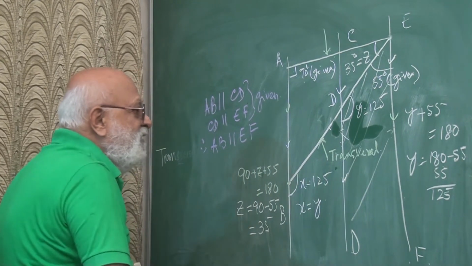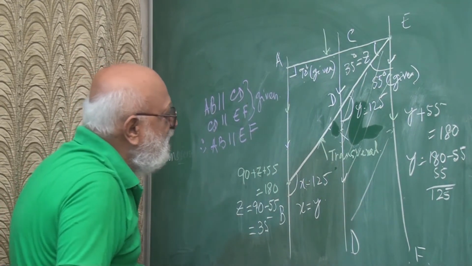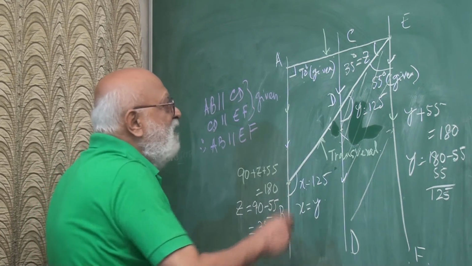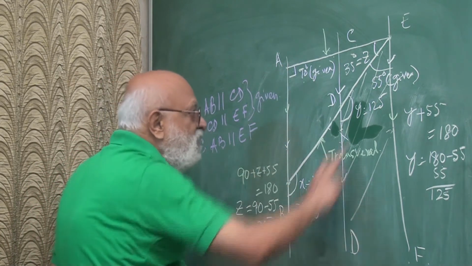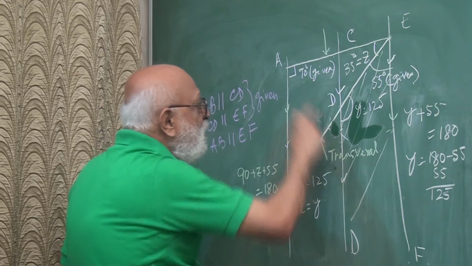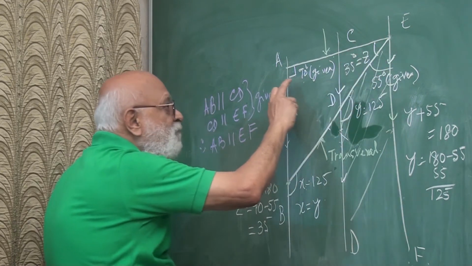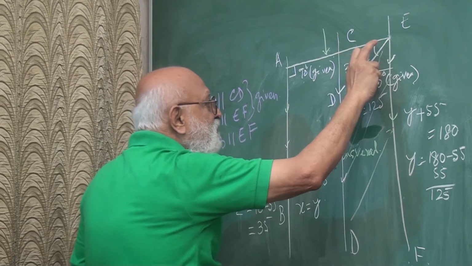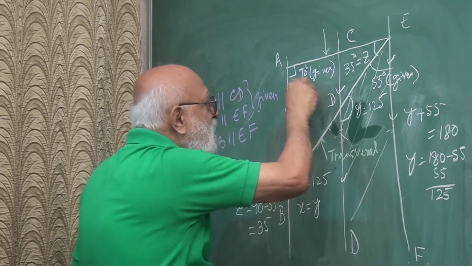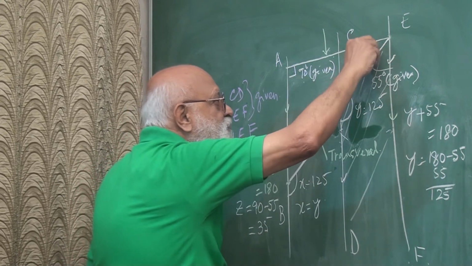So let me recapitulate how we have done it. First of all, we have taken these two parallel lines and this transversal, and we have proven that they are supplementary angles, this whole angle plus this angle.